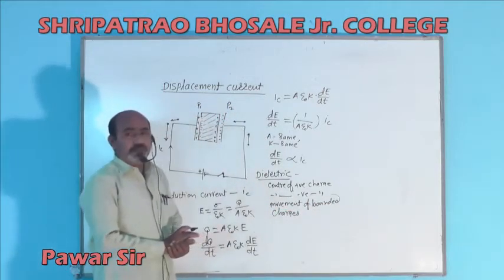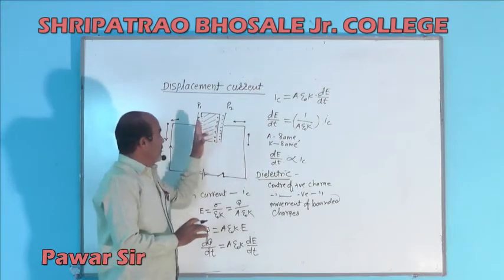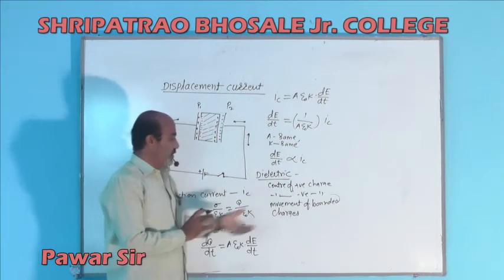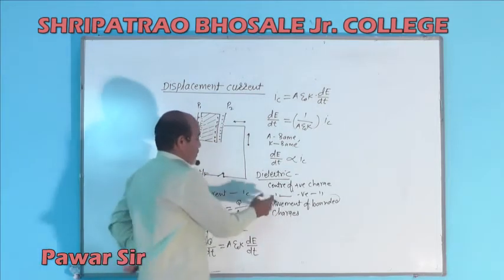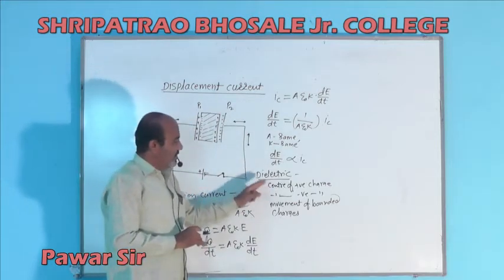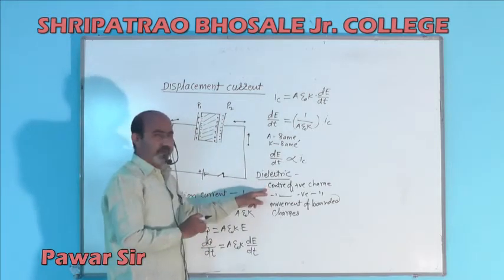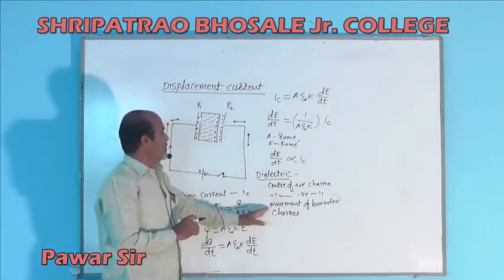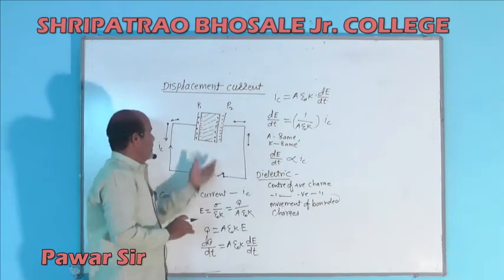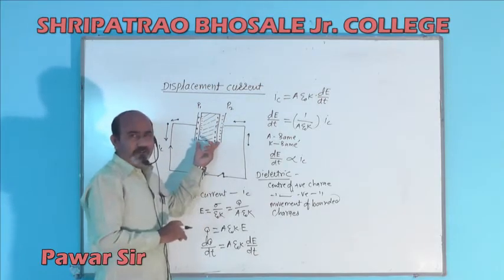Bounded charges means electrons which are tightly bounded to nucleus. So, due to effect of applied electric field, their stretching takes place, their movement takes place, and this movement produces charge on dipole. We say that dipole is polarized.